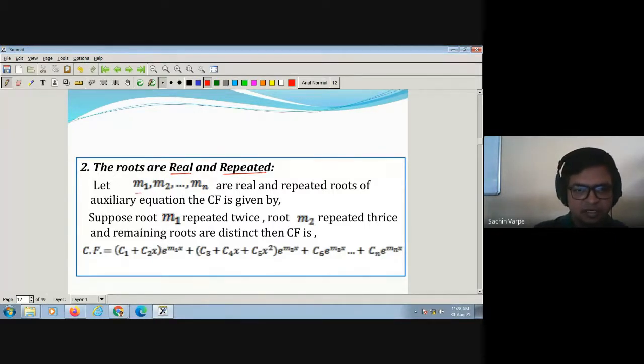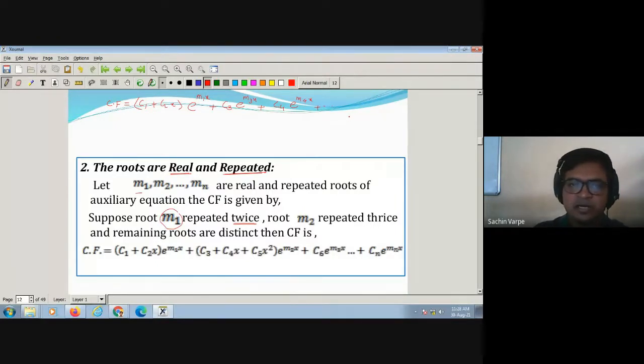See here, if m1 is repeated twice and the remaining roots are distinct, then the formula for the complementary function is CF equals c1 plus c2x, times e to the power of that repeated root, and the remaining is for non-repeated roots: c3 e to the power m3x plus c4 e to the power m4x plus and so on.